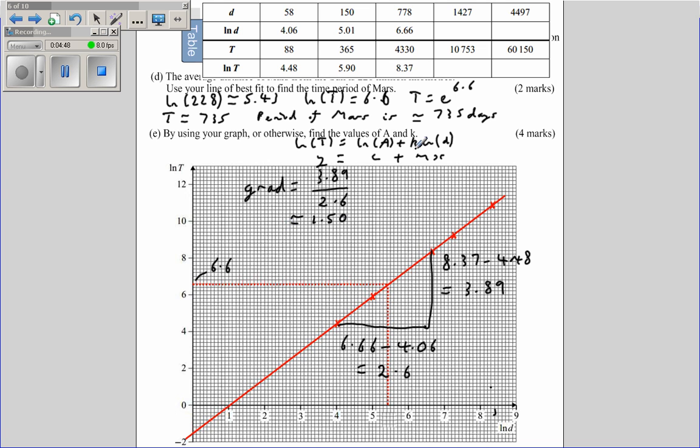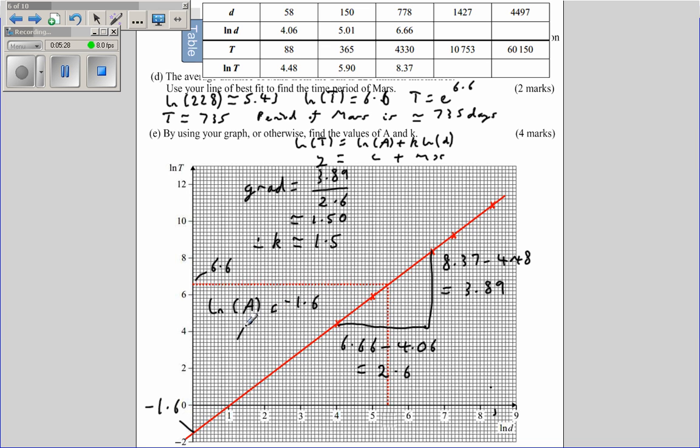That gradient is going to correspond to k. So we can say, therefore, k is approximately equal to 1.5. C will give us our y-intercept. Our y-intercept down here is minus 1.6. So ln of A equals minus 1.6.